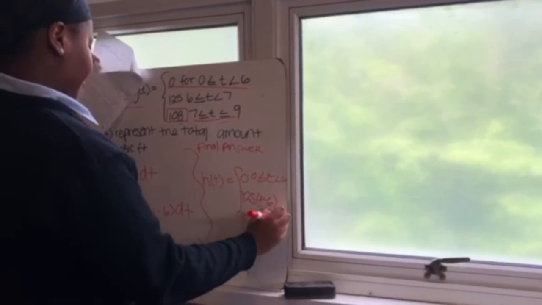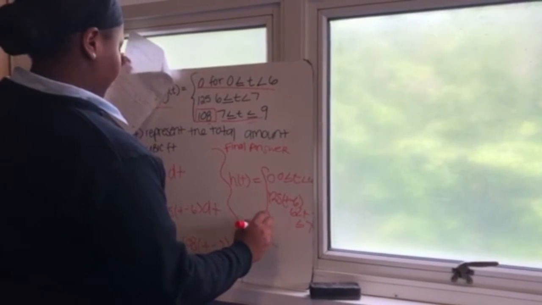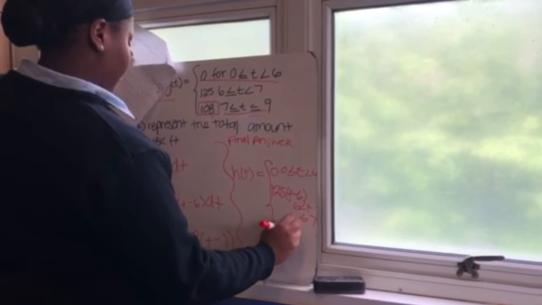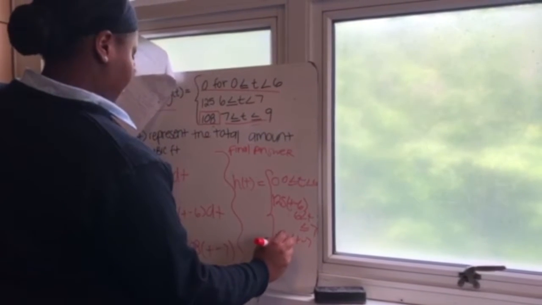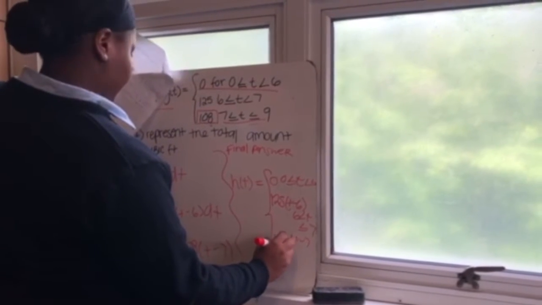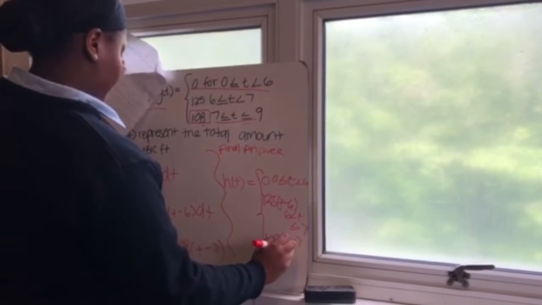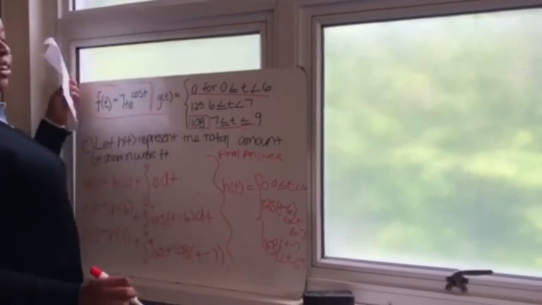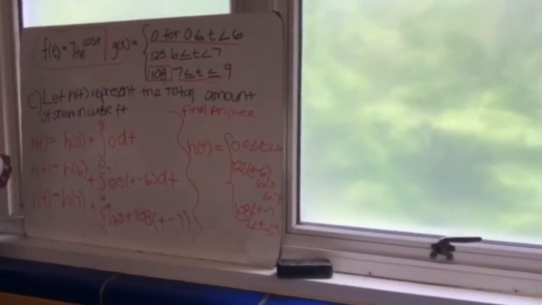Now once you have the bounds, you basically just take what you found and put it into a new piecewise function that is now going to be called h of t. So while I write that down, that will be your final answer, and you will also use this answer in part C to help you find the answer in part D. So this is very crucial and valuable that you know how to do this.